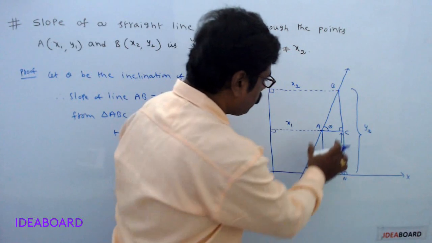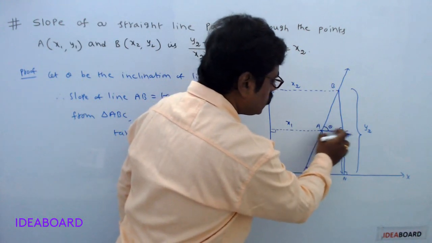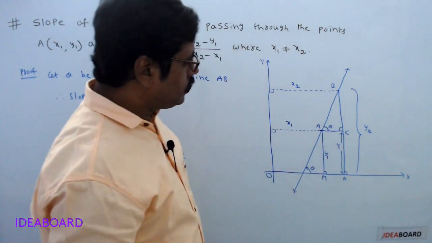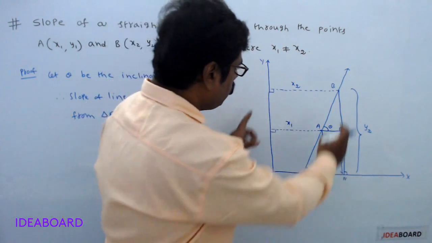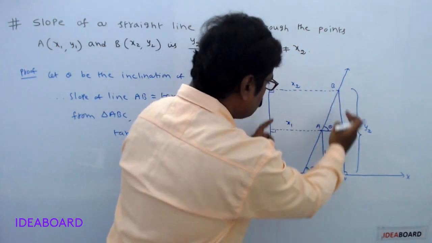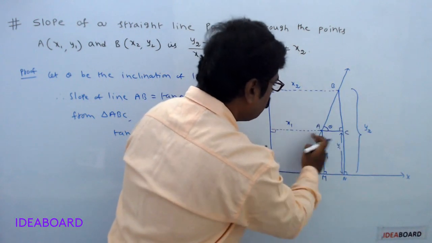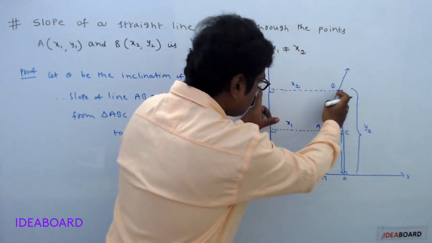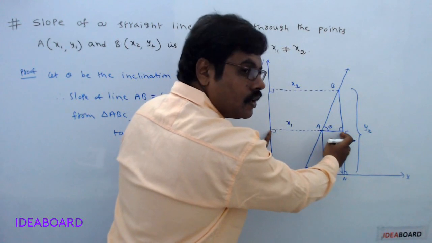Now from the diagram, the adjacent side AC is required. Here this length is x2, and this length is also x2.